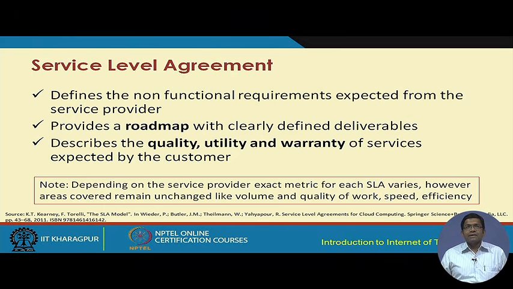It will typically describe the quality, the utility, and the warranty of services that are expected by the customer. So, this SLA is an agreement and handshaking platform between the service providers and the customers, so that the customers know what level of services they are going to get from the service provider.